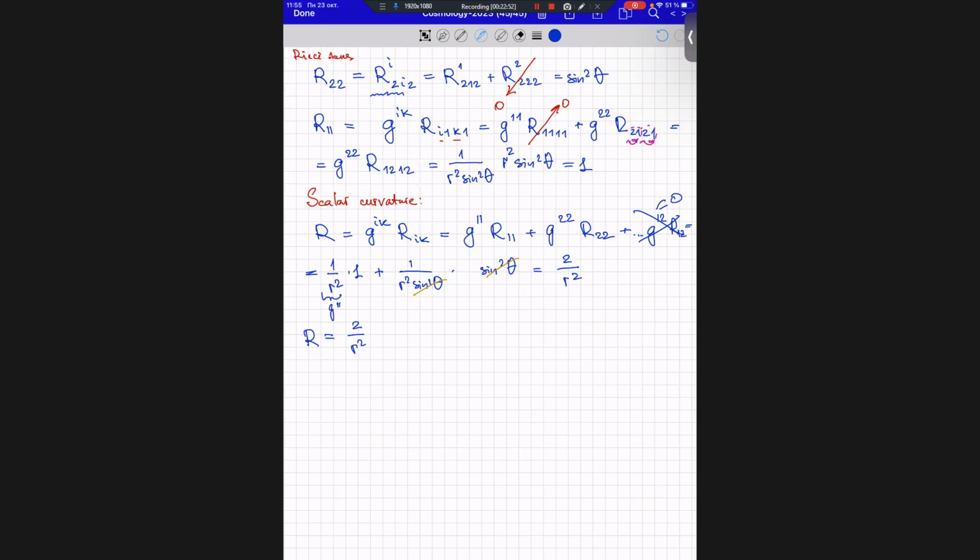Now I remind you that, as I said, with accuracy of a factor 2, the Gaussian and scalar curvature differ from each other. Gaussian curvature, which can be called K, equals 1 divided by r squared.